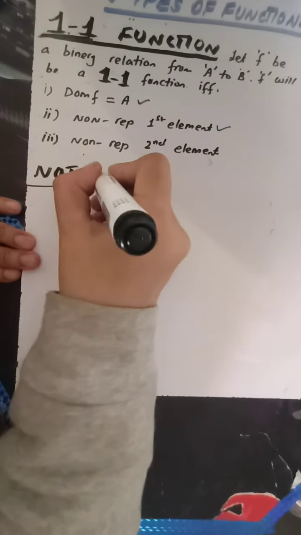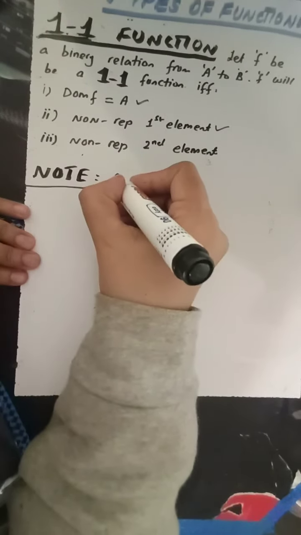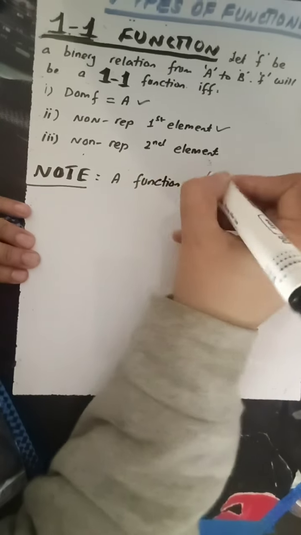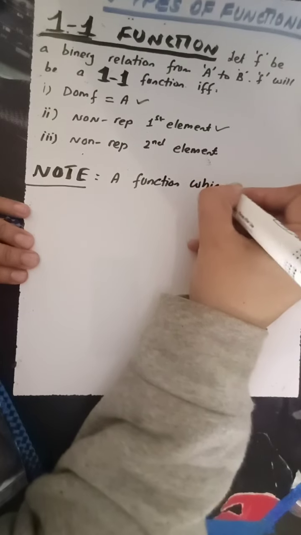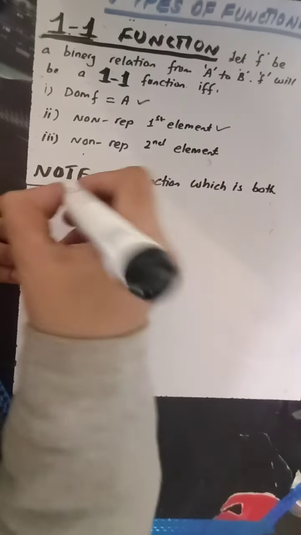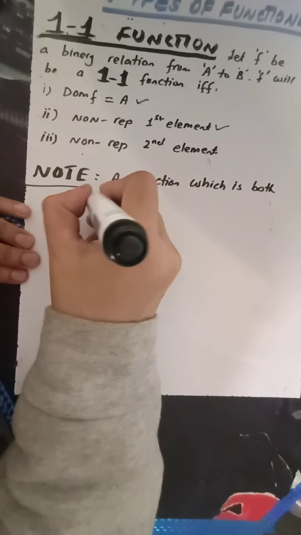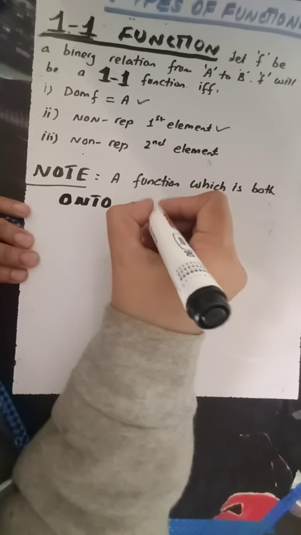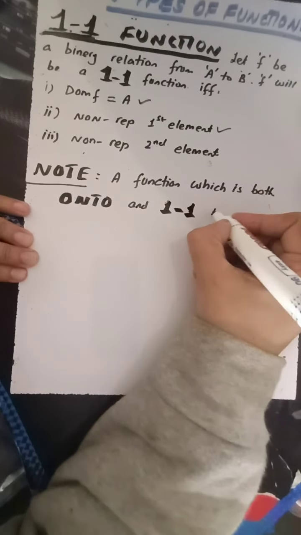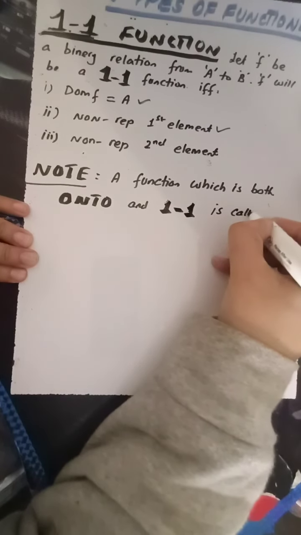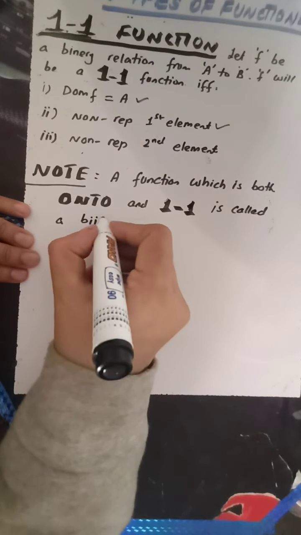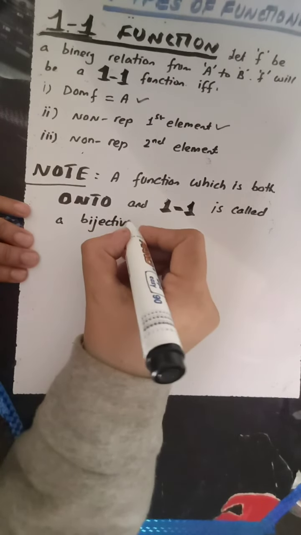You have to note it down: a function which is both onto and 1-1 is called a bijective function.